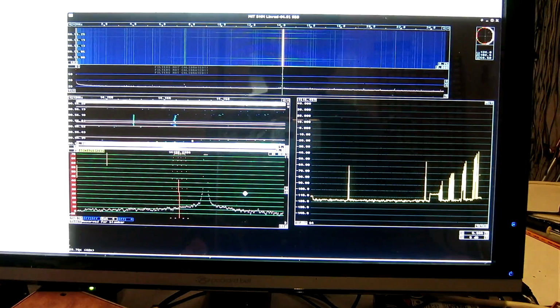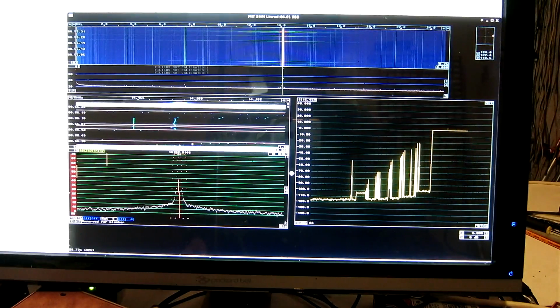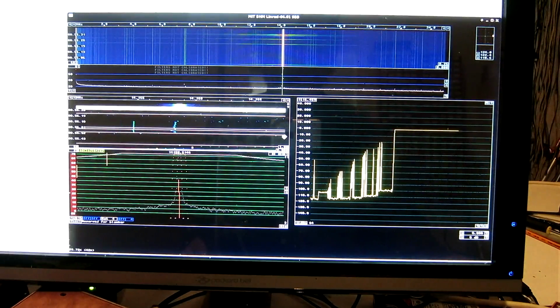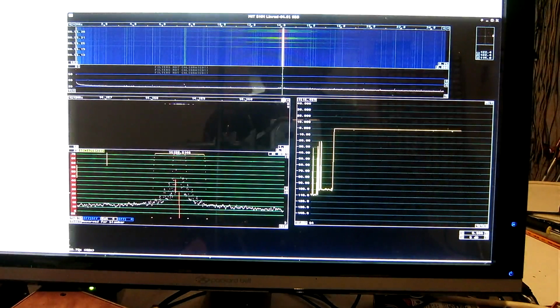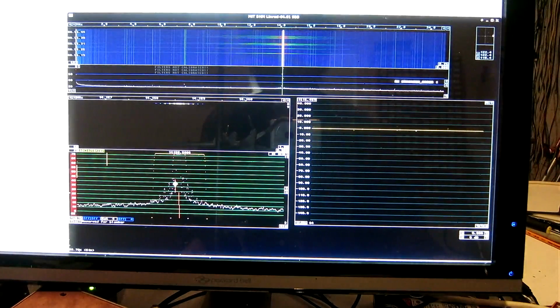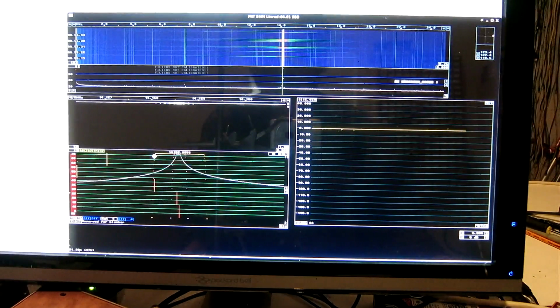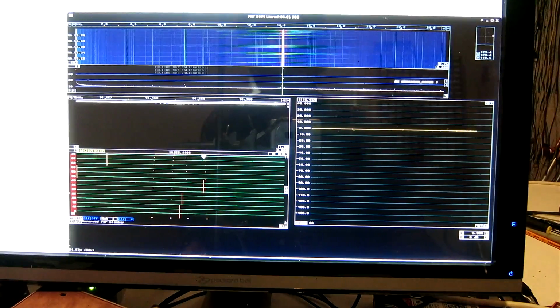Here comes the signal. And I want to measure sideband noise again. So this one, let's make it, probably it is still 1 kilohertz. 158.05, 159.